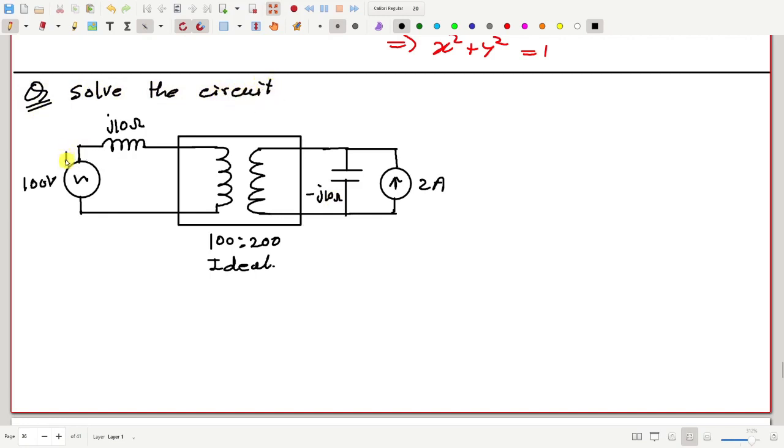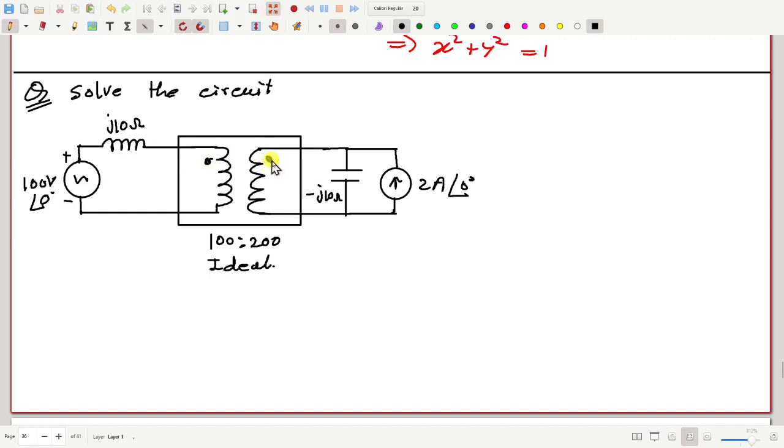These are phasors, so let me specify angles. If not specified, then you can take it as 0, no problem. What is missing here? Otherwise, you cannot solve. A very important thing is missing.